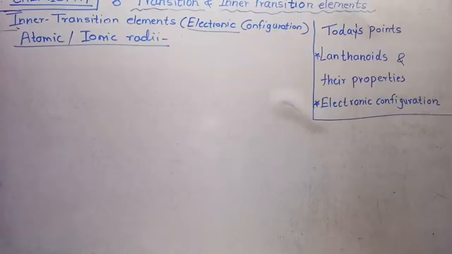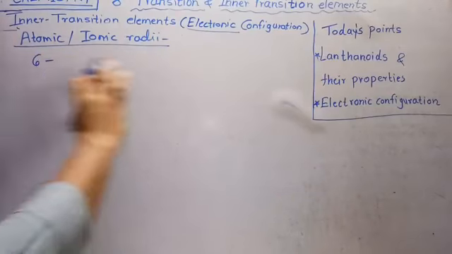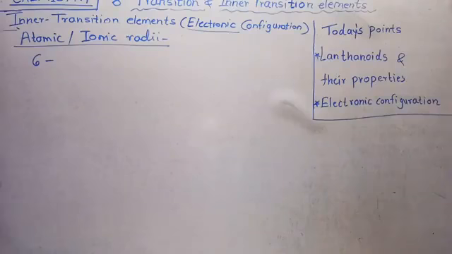These lanthanoids are placed in period number 6, the same period, and according to the period, atomic as well as ionic radii go on decreasing from left to right. The atomic and ionic radii of lanthanoids gradually decrease from left to right, which is called the lanthanoid contraction.